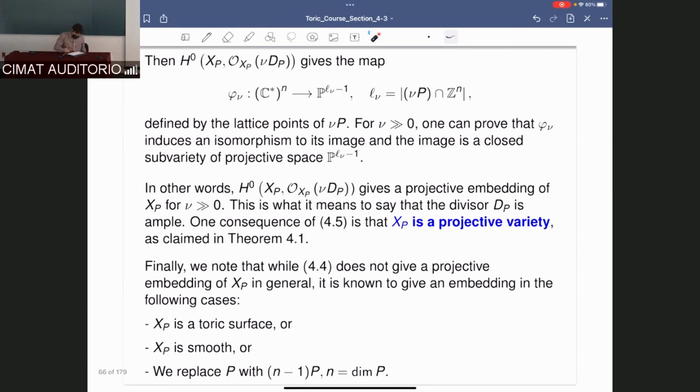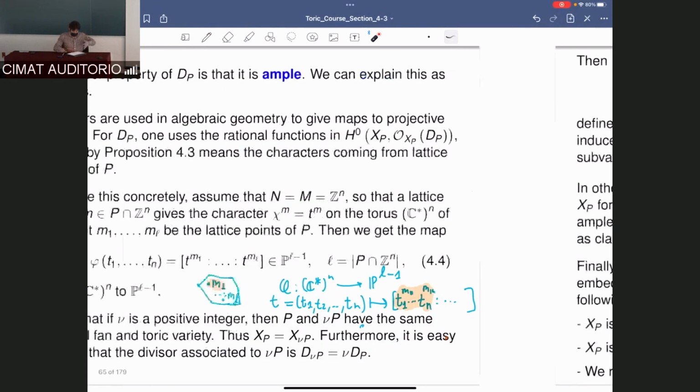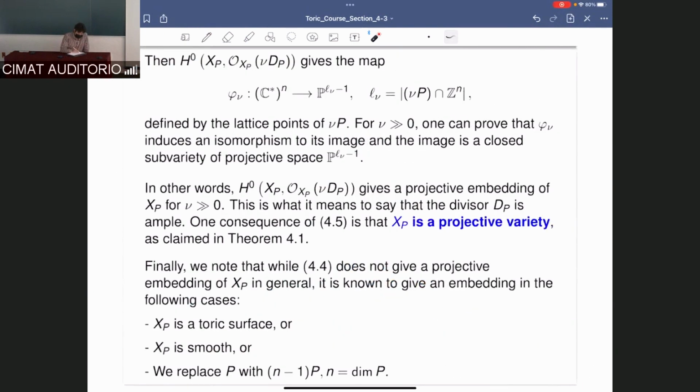Because to get a map to projective space, let me go back, I would be in trouble if I have a point where all of these were to vanish. On the torus I am fine. But if I go out of the torus, if I want to evaluate those on my whole toric variety, I may have some trouble. I may have points where all of these are 0. But if I go and get more and more sections by enlarging my polytope, what this is going to say is the following.